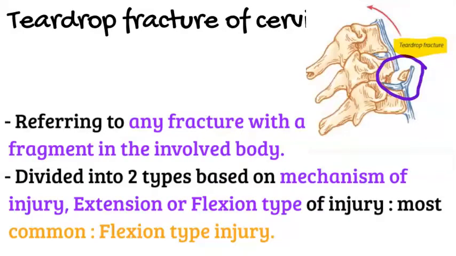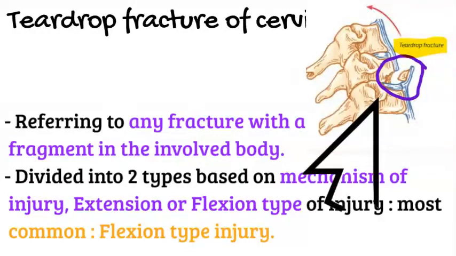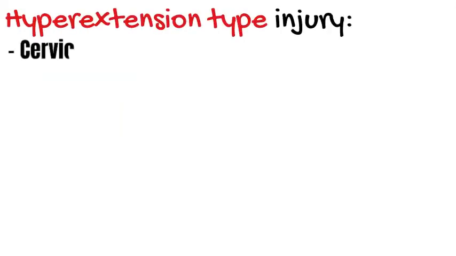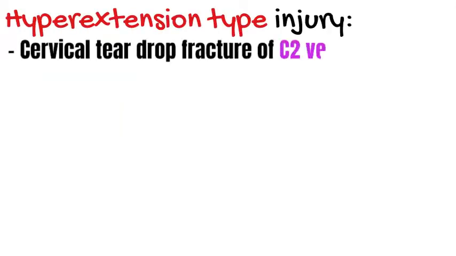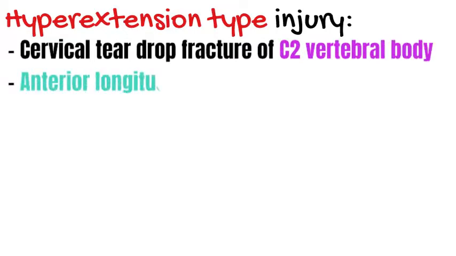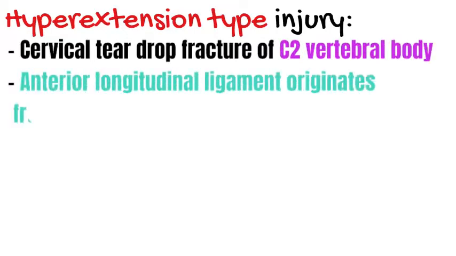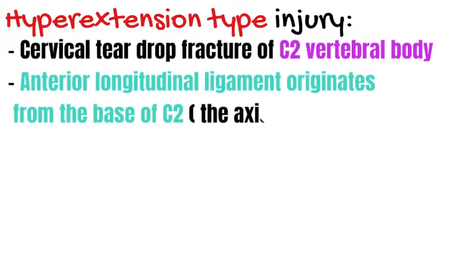This illustration shows a teardrop fracture with a triangular fragment of the involved body. For hyperextension type injury of teardrop fracture, it is commonly a cervical teardrop fracture of the C2 vertebral body.